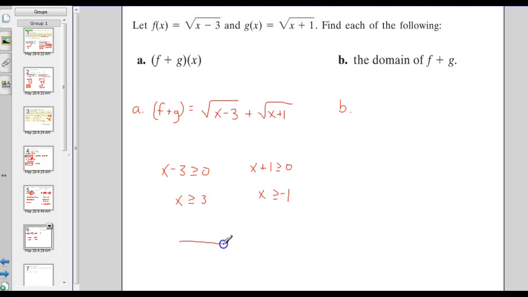So what we do here, you can kind of think through it. You may already know just by looking at it. But we use the yellow and blue make green thing again. Here's negative 1. Here's 3. This one says x has to be bigger than negative 1. This one says x has to be bigger than 3.